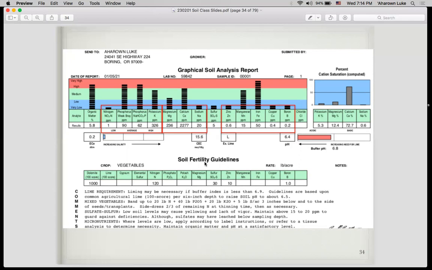The soil fertility guidelines here are from A&L Labs. This is A&L in Tigard. This is going to focus on getting the biggest vegetable possible. This is not a nutrient-dense focus.